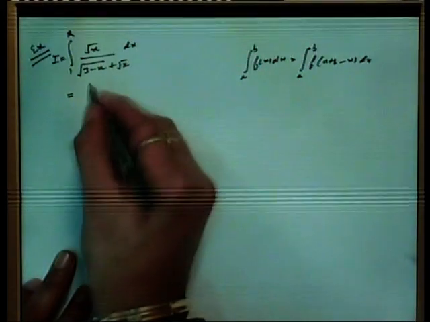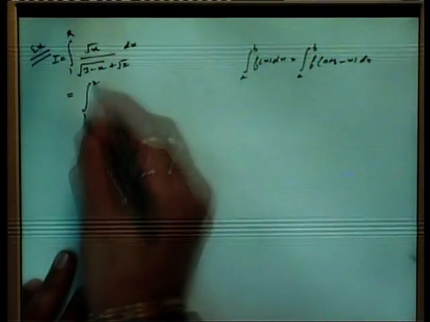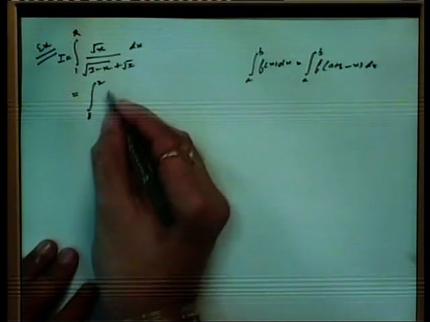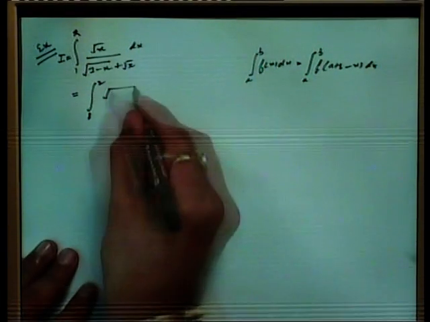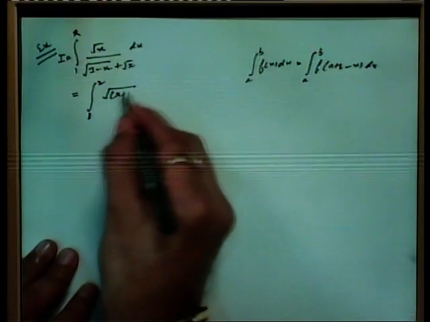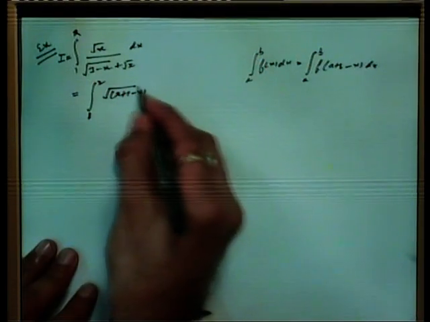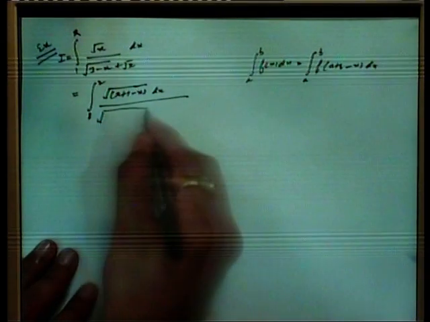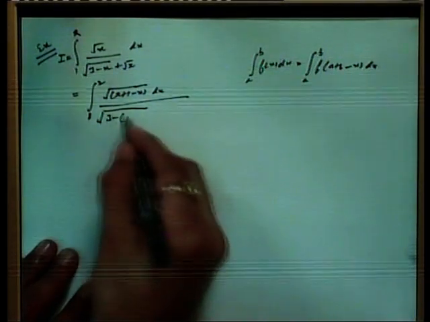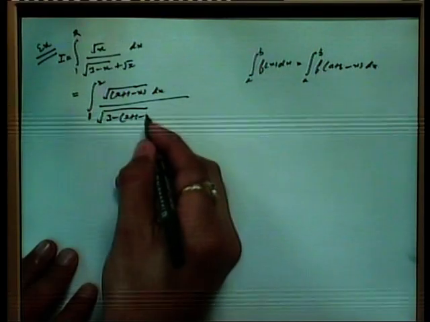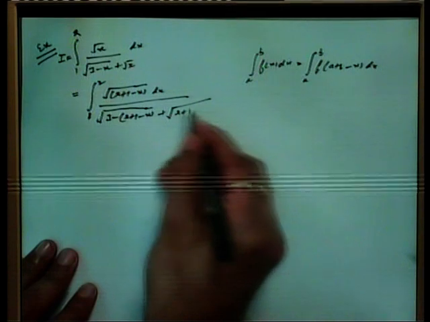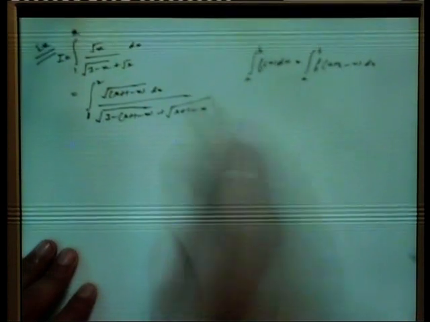So apply property number 4: integral 1 to 2, this becomes 2 plus 1 minus x dx. Similarly, 3 minus (2 plus 1 minus x), similarly 2 plus 1 minus x.